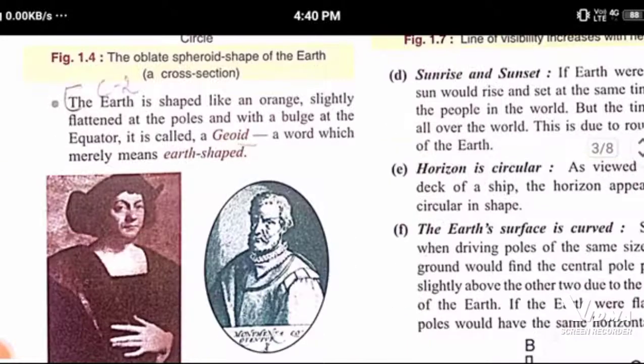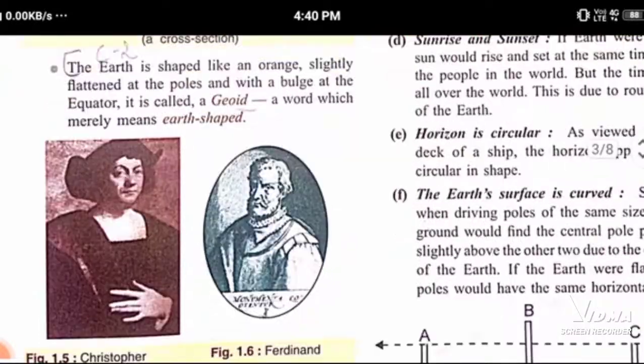Now, the Earth is shaped like an orange. The orange is a bit flattened at the two ends, and at the center it is a bit bulged. So the Earth is shaped like an orange, slightly flattened at the poles with a bulge at the equator.